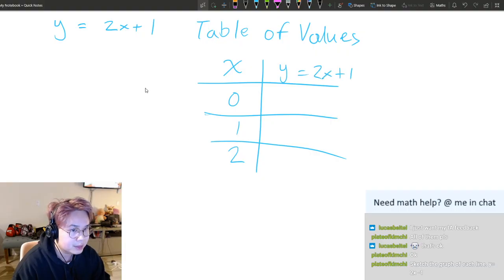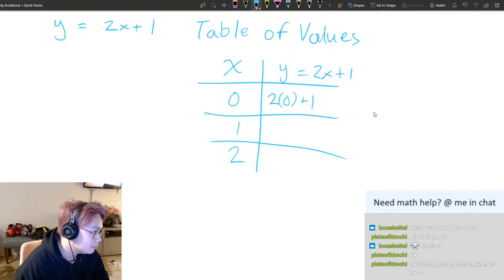So for example, this one, the formula says it's 2 times x plus 1. So here's 2 times x. Now x is 0 for this particular case. So I do 2 times 0 plus 1.